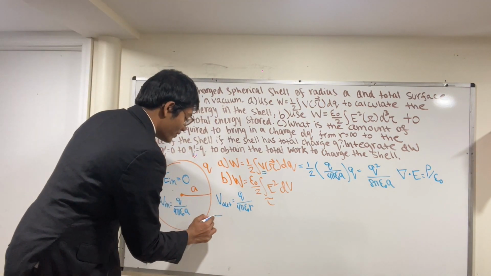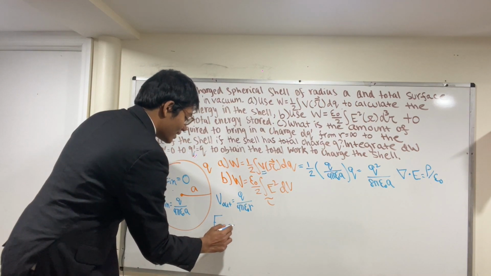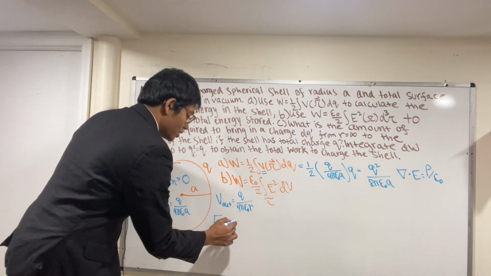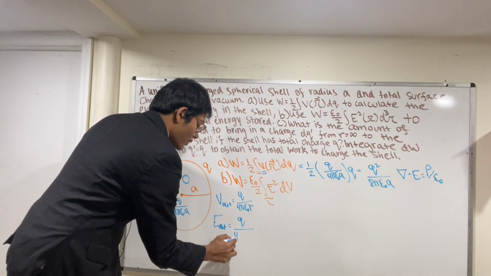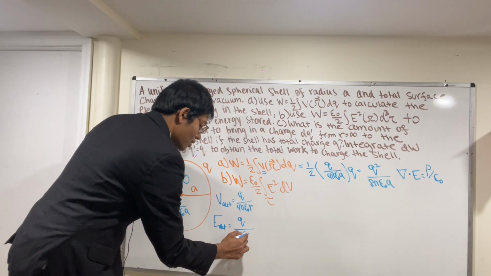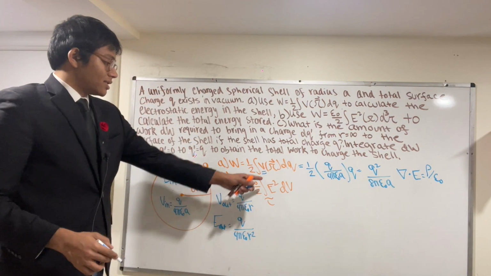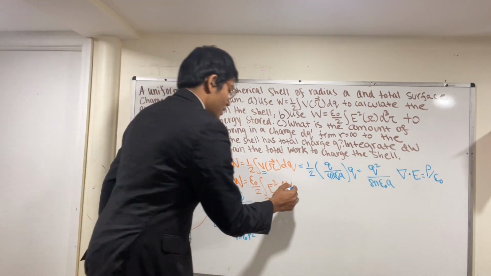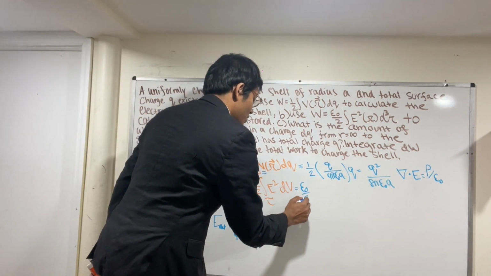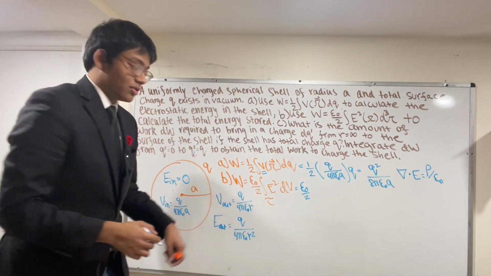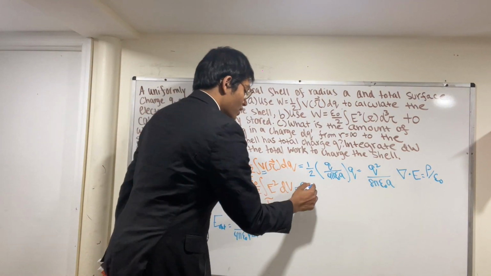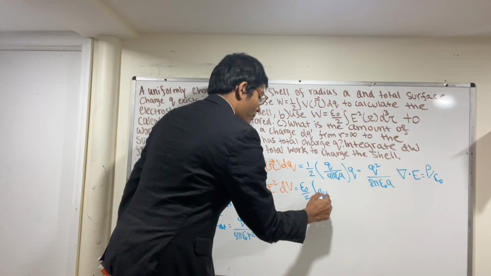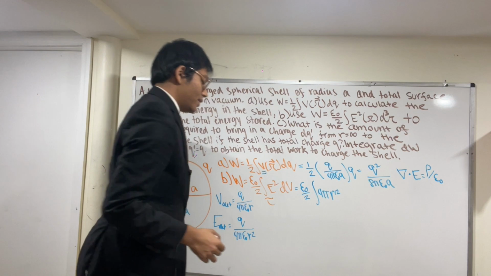What about the electric field outside? Well, that would be the electric field for simply a point charge, which is q over 4 pi epsilon naught r squared. So let's go ahead and use this formula. We're going to have epsilon naught over 2. We're going to expand this integral. First of all, dv is 4 pi r prime squared.